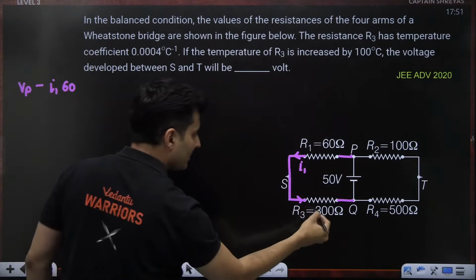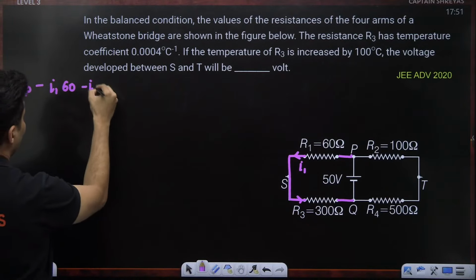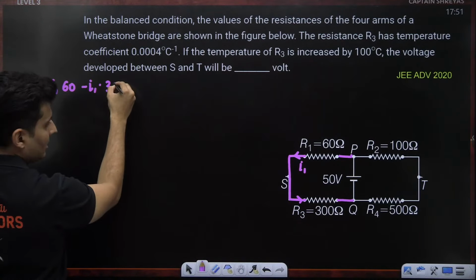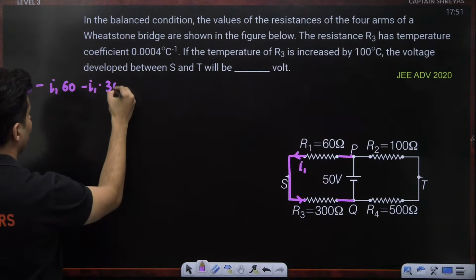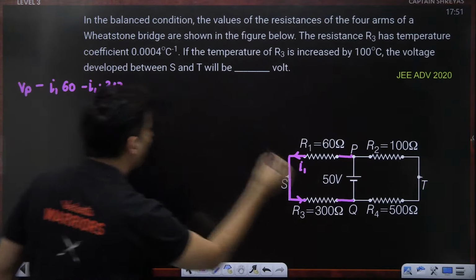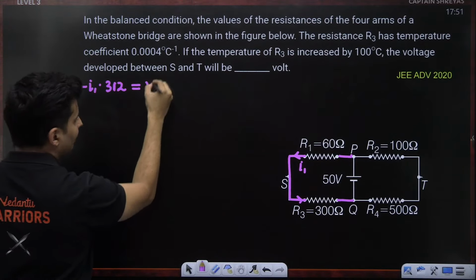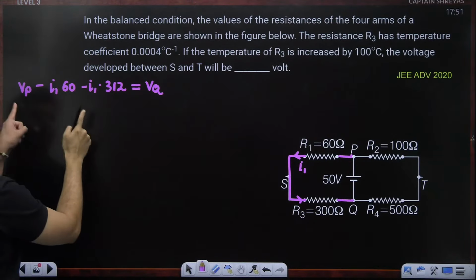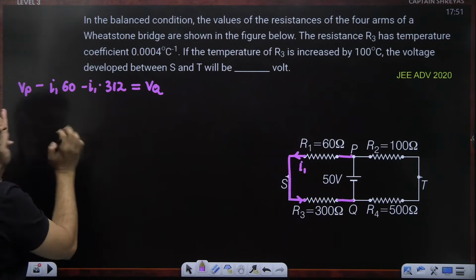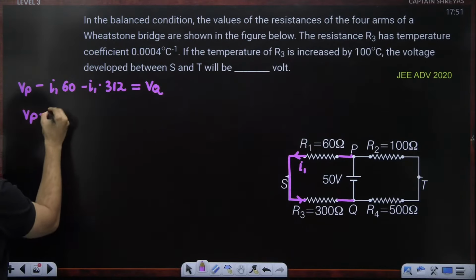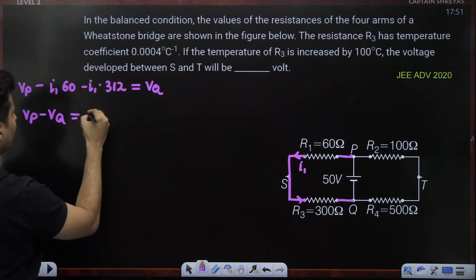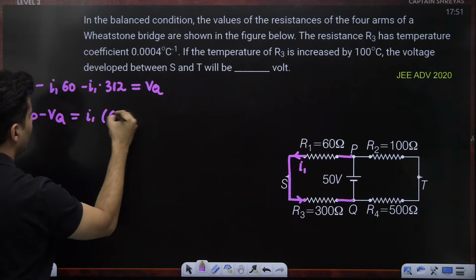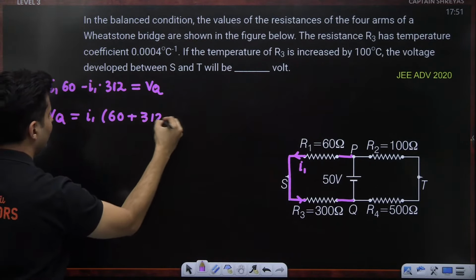I then go across this resistor, so minus I1 into the new resistance, 312, is equal to VQ. Now comes the interesting part, guys. If I put Vp minus VQ, bring that VQ over here, these two go on the other side. So it will become I1 into 60 plus 312.